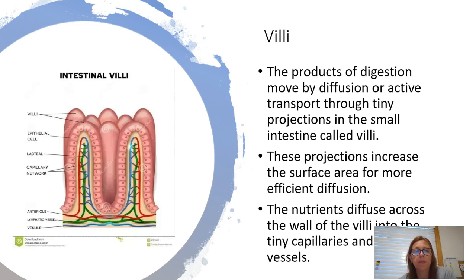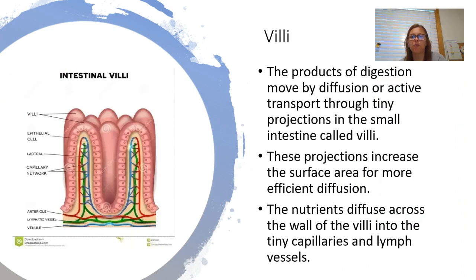So what happens is we have got our food and nutrients within our small intestine, and it is very close to this network of capillaries there. So the nutrients then diffuse across the wall of the villi, and I'll just move me up so you can see what I was writing.